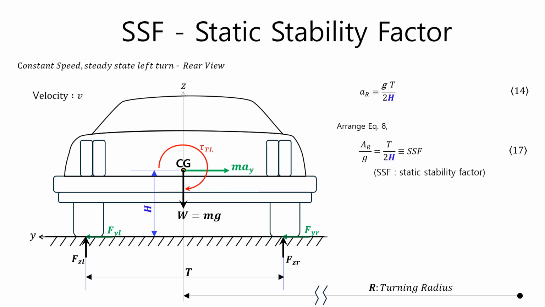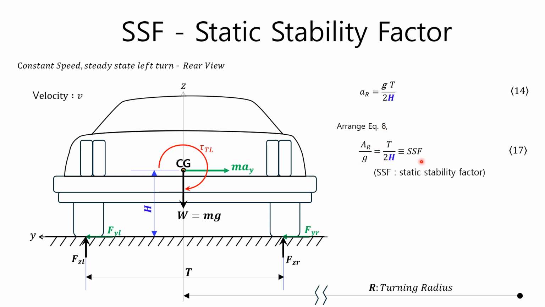The rollover acceleration equation derived from the rigid body roll motion model is used in most countries for regulations to prevent rollover. This regulation value is called SSF, or static stability factor. Let's find out what it is. If we organize equation 14 obtained above into the ratio of rollover acceleration to gravitational acceleration, we can obtain equation 17.